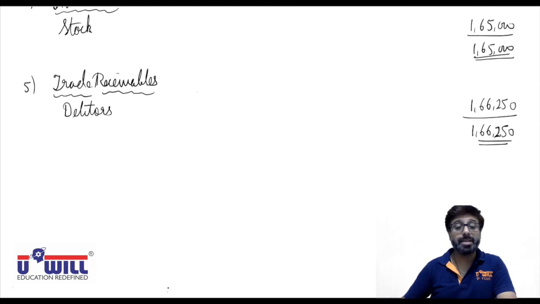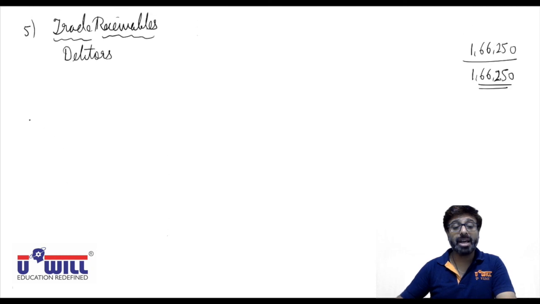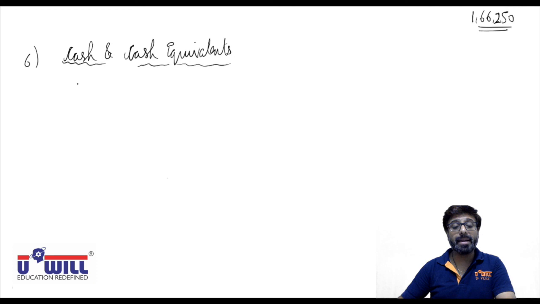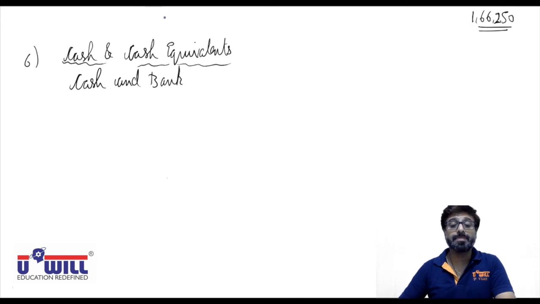Then after debtors, cash and cash equivalents. Now what do we have to write in cash and cash equivalents? Cash and bank, and all the debit amounts will be added, credit amounts will be subtracted.